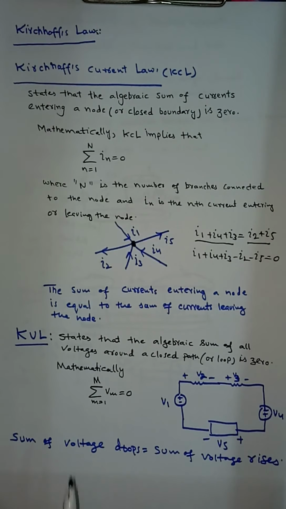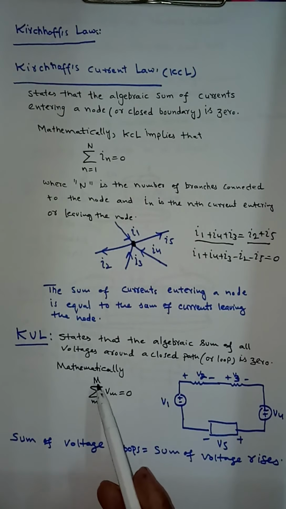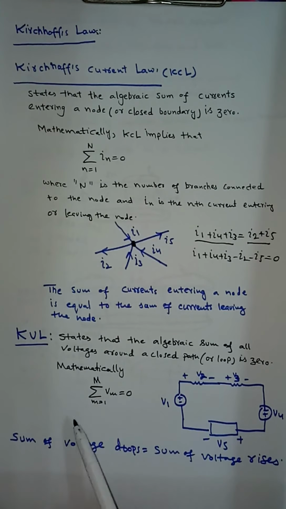As we know, KVL states that the algebraic sum of all the voltages around a closed path is 0. So mathematically you can simply write the summation of V_m, with m from 1 to M, equal to 0.